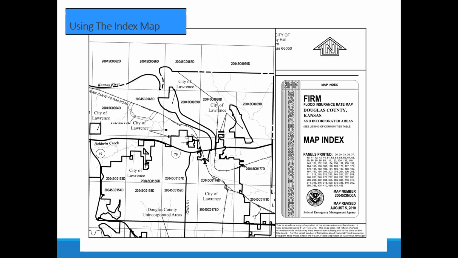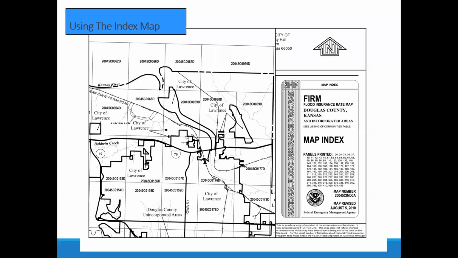This one is for Lawrence. It's an older style map, but it's good because you can see all of these different landmarks that I could use to help narrow down what panel I need. You can see the city limits, you can see the Kansas River across the top.